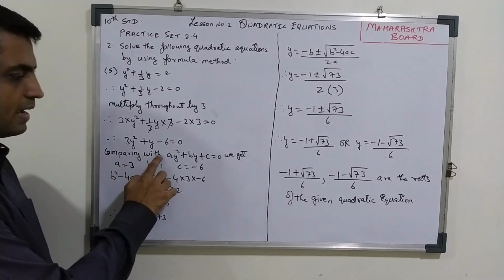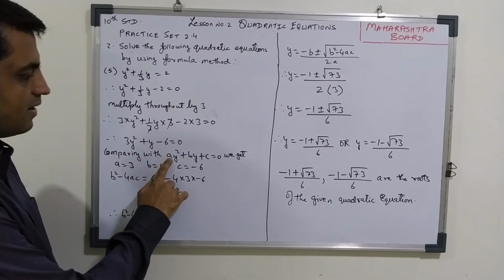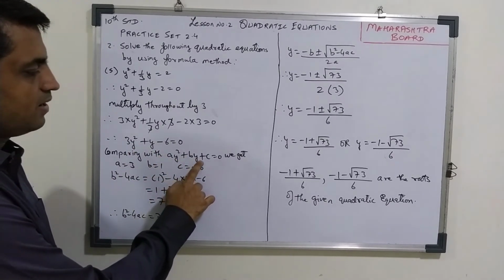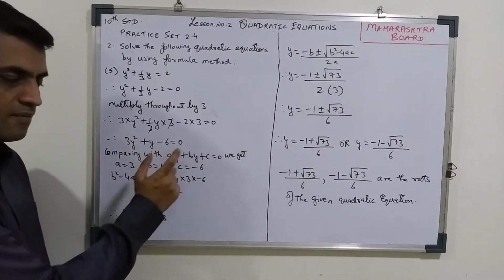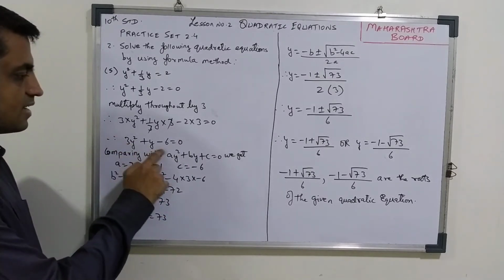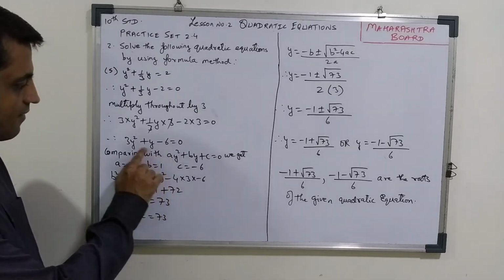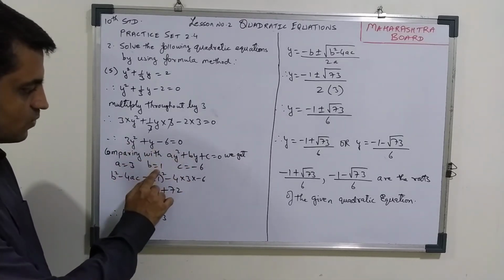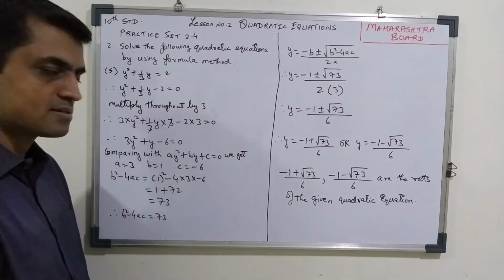After this you compare with ay square plus by plus c is equal to 0. Since the equation is in y form, we compare in y form. So we got a value as 3, b value as 1, and c value as minus 6.